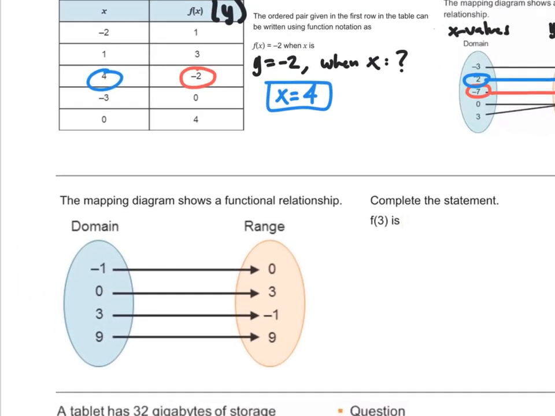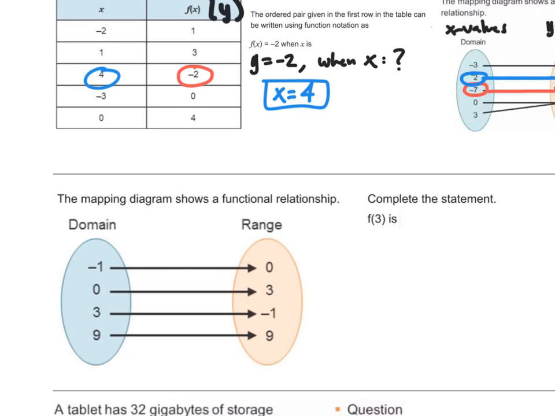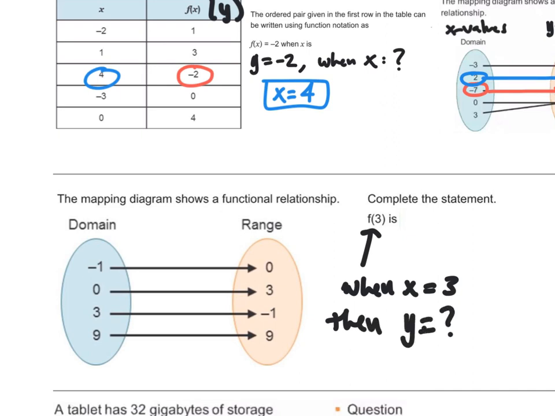So we've got this functional relationship, and it says complete the statement. So f of 3. When I see this, it's saying when x equals 3, then y is equal to what? I'm going to say f of 3 is equal to what?